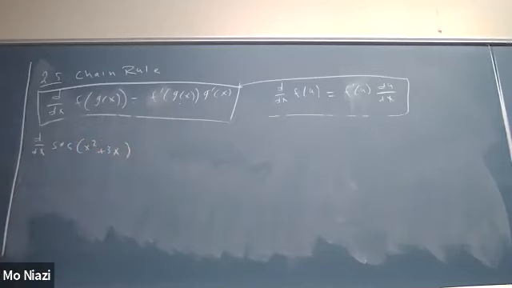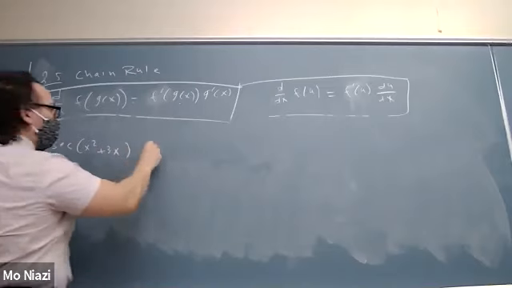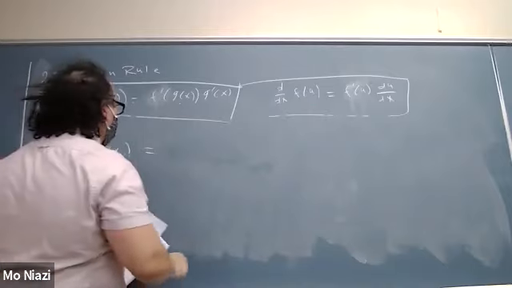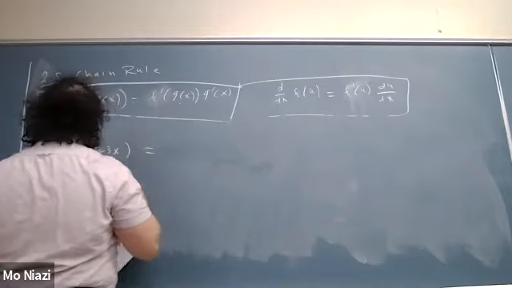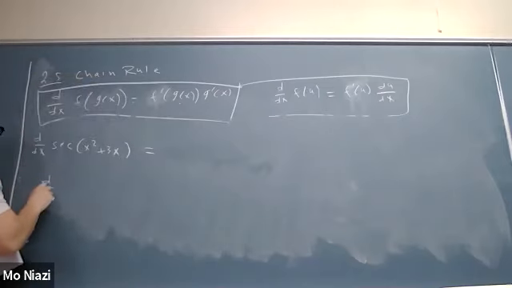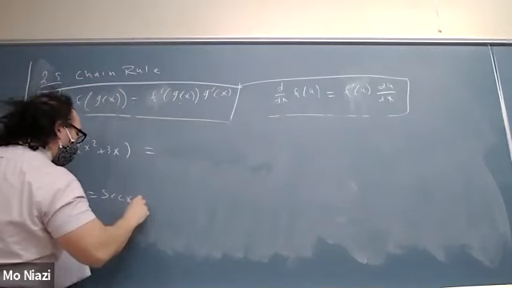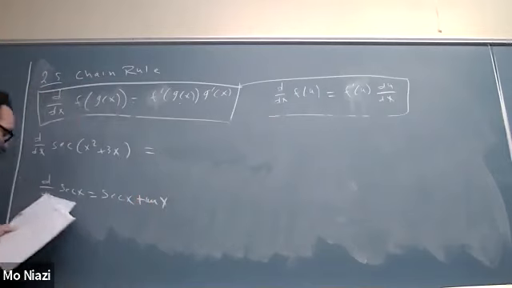So we take the derivative of the outside function. If you watch the section on trigonometric derivatives, that's 2.4. Remember, d dx of secant x is secant x tangent x.